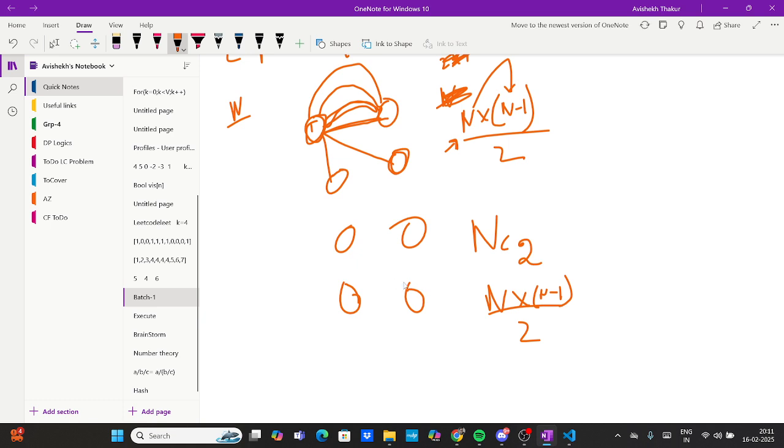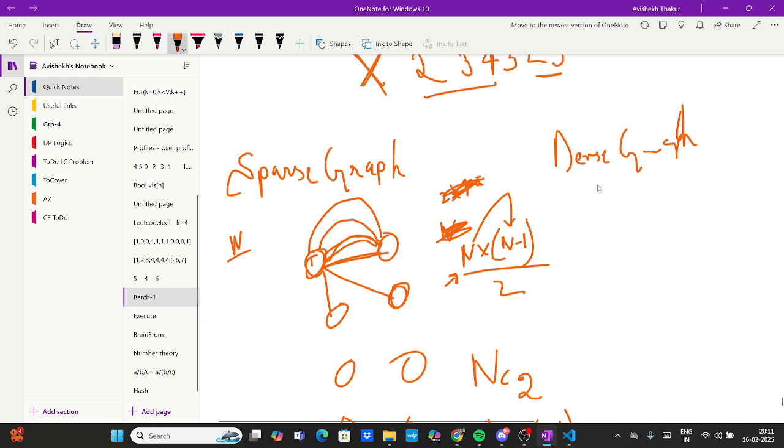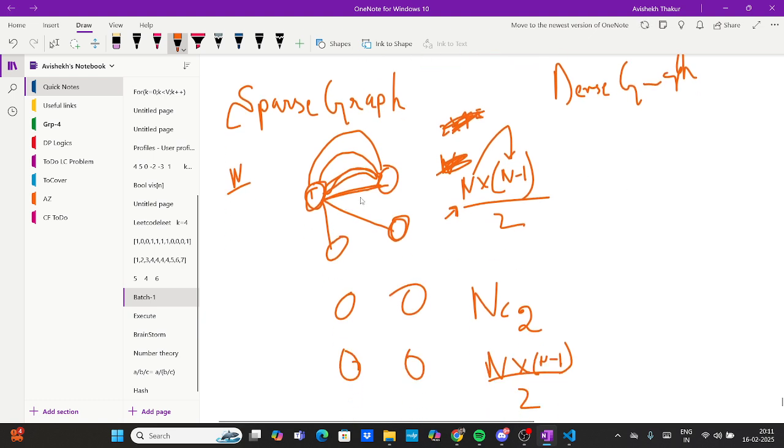Now, this is an undirected graph. What about a directed graph?